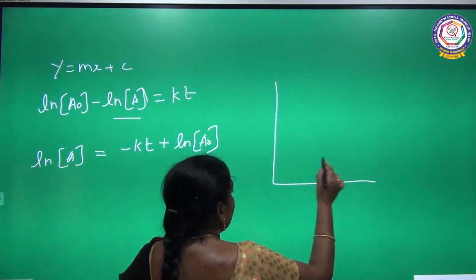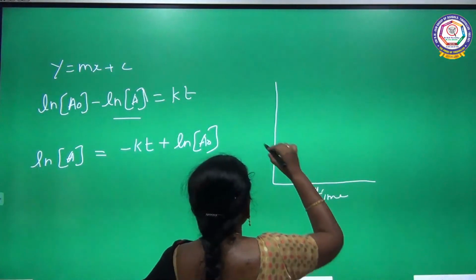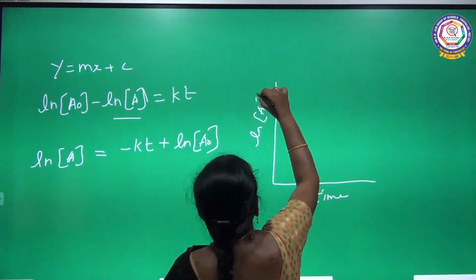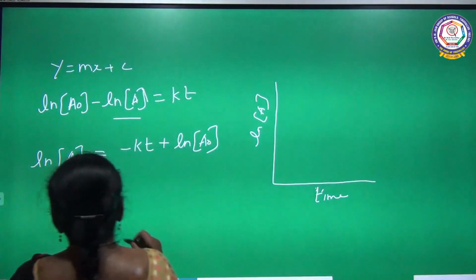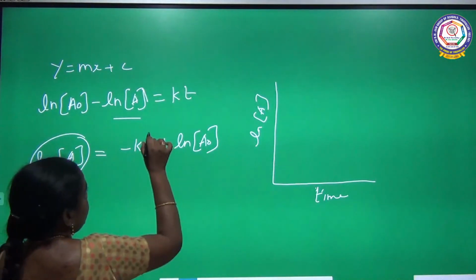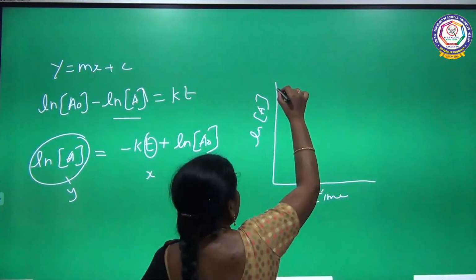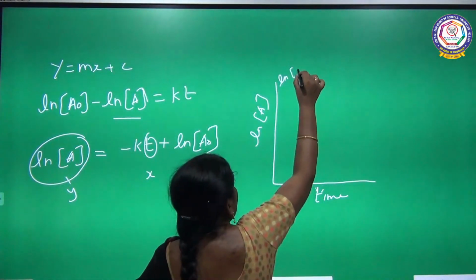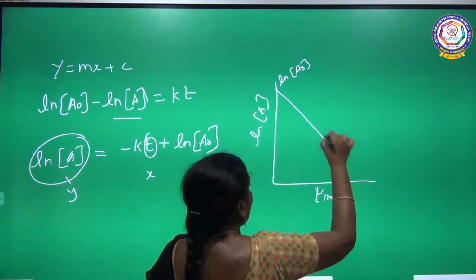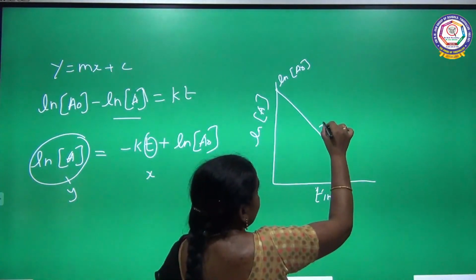So if you draw the graph between time and ln A value on the y axis, ln A is taken as y and t is taken as x. Then ln A0 is the intercept on the y axis, and from the slope you get the k value.